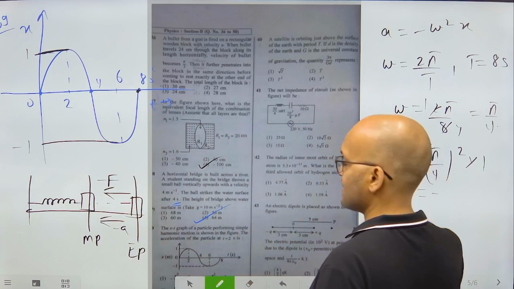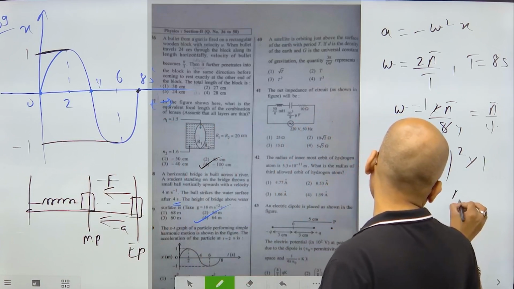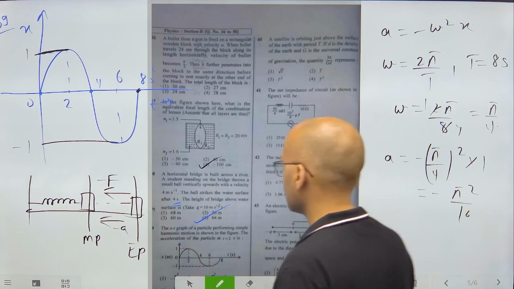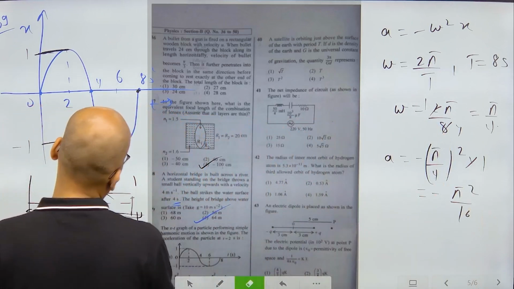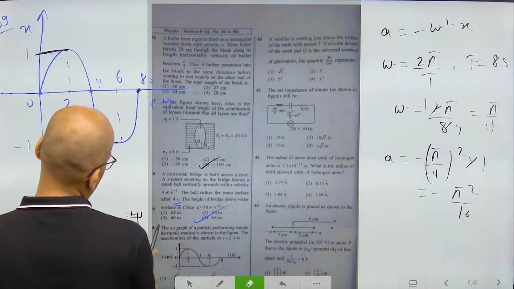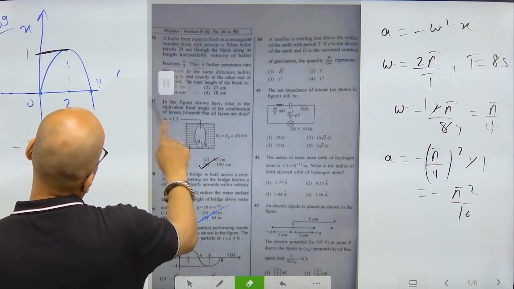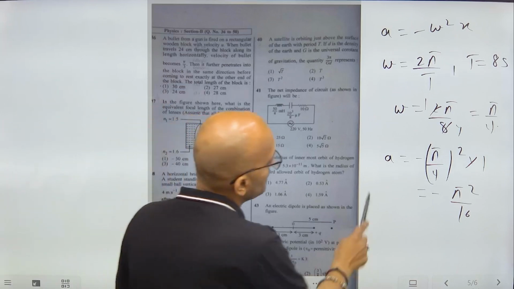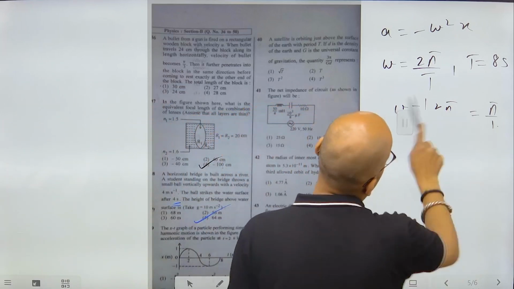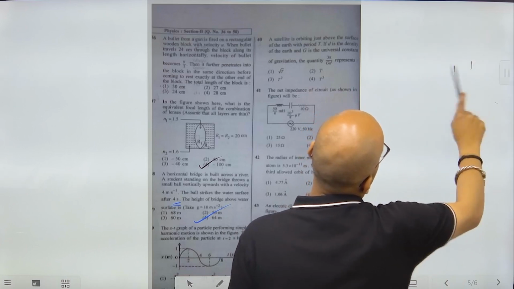So minus is indicating the opposite direction. Minus pi square upon 16, the answer. Okay. Not even a single question which I could say that okay, this was conceptual. Till now we are on 40th question. 10 questions are left, but no such question.